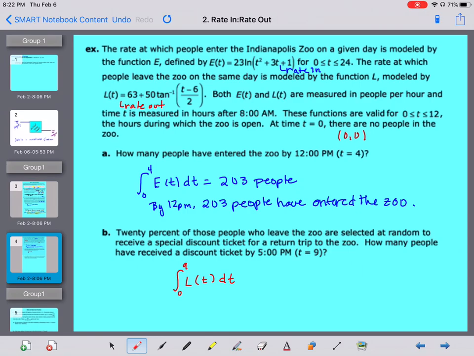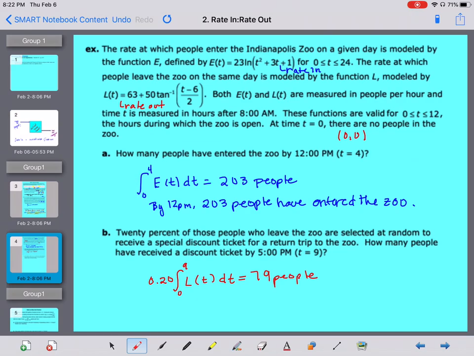So really this is 0.2. So 20% of these amount of people will get that discounted ticket. So if we calculate what that is, that gives us 79 people because we don't have partial people here. So I think the exact was 79.1803.